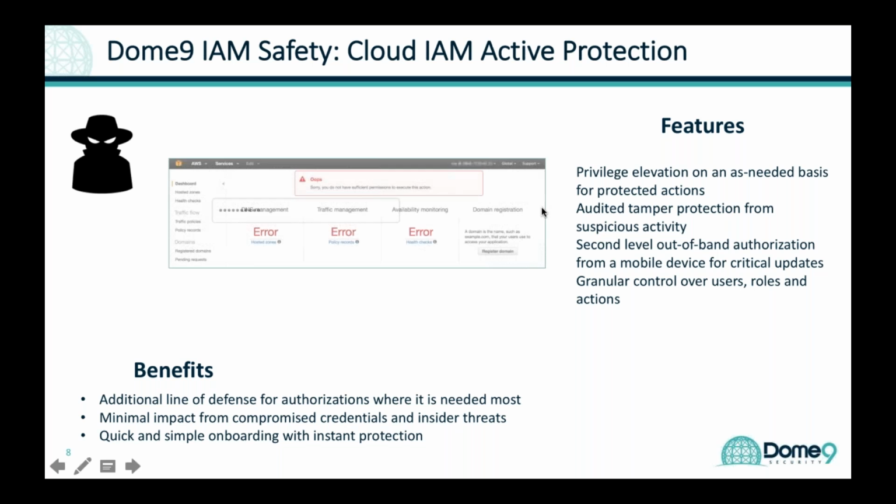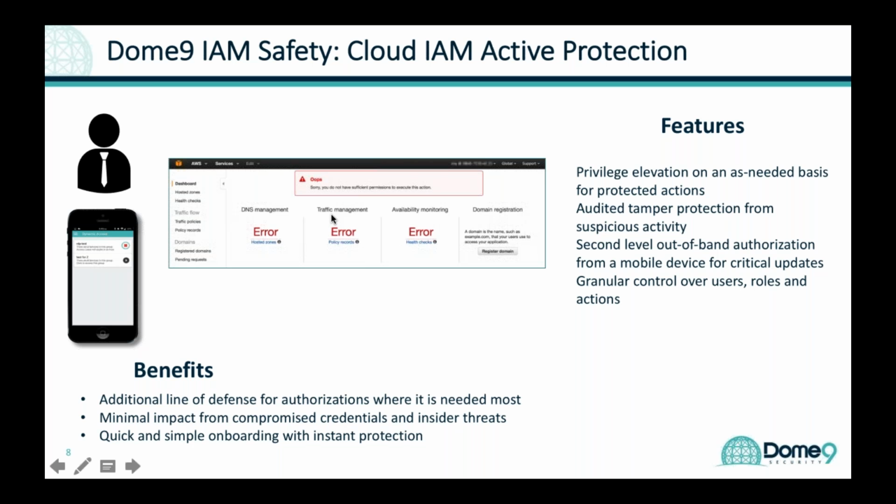But once you actually try to access any resources which are protected by IAM, you hit this error message. You're not able to even access the DNS entries, let alone modify them. Now, if you are a legit user and you hit this error message, you can use your out-of-band mobile device and the Dome 9 application to give yourself access for a certain limited amount of time.